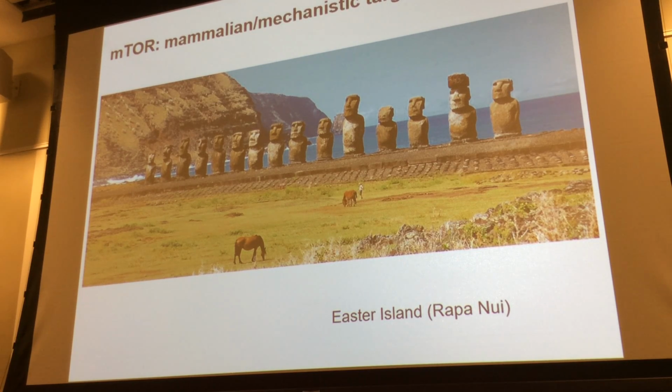This is an island in the southern Pacific Ocean, I think close to Chile. It's very famous for its big stone hats, which, at least in some reports, are considered one of the new seven wonders of the world.